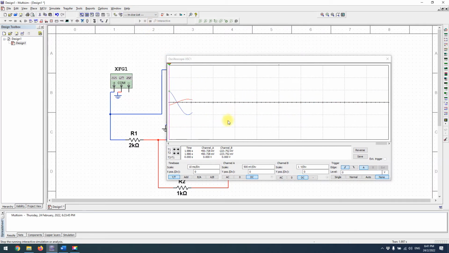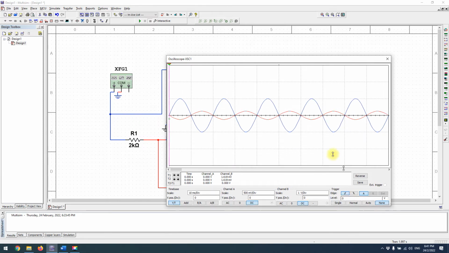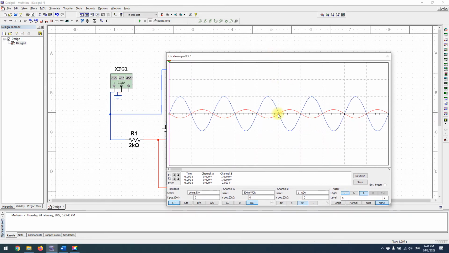Okay, let's stop it. I'll go back to the beginning. As you can see, it's consistent. Now, how do we actually view the oscilloscope over here? As you can see, channel A is our input and the scale is 500 millivolts per division, meaning one box represents 0.5 volts.